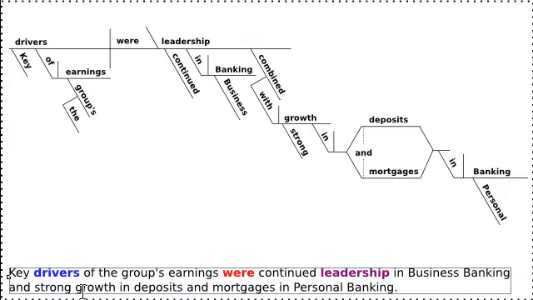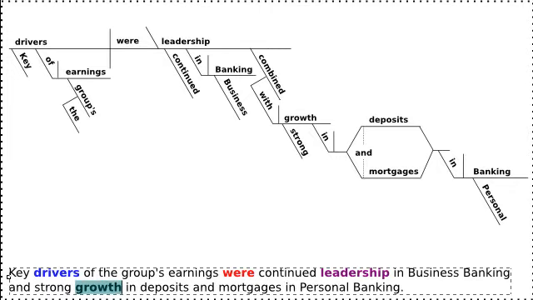The preposition has disappeared. Growth is now linked through this conjunction with leadership, and it is equal to leadership. It is the missing second predicate noun. We'll put it in purple.